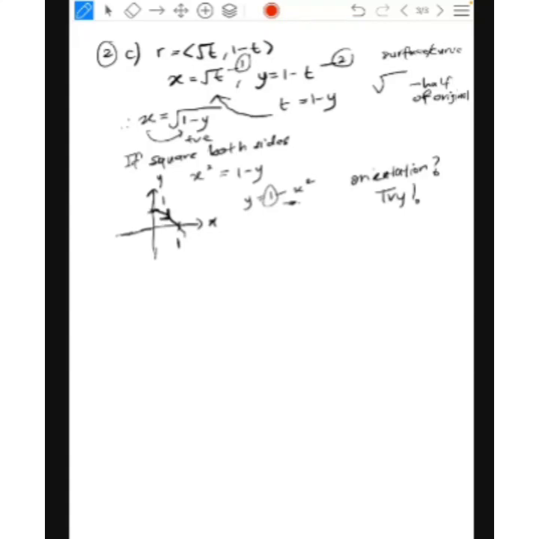Okay, for D, now you have a cos and sine. So whenever you have a pair of cos and sine, it will be a circle or an ellipse, depending on the radius. Now, the radius for x is 2, the radius for y is 3, so you have an ellipse. You have an ellipse because the radius is not the same, right?